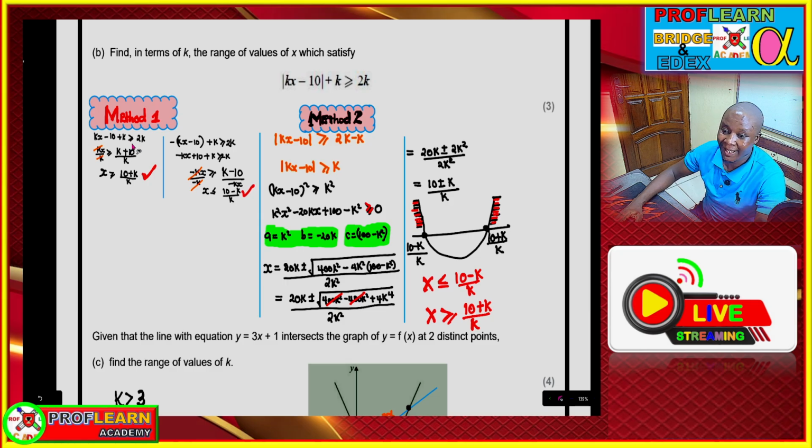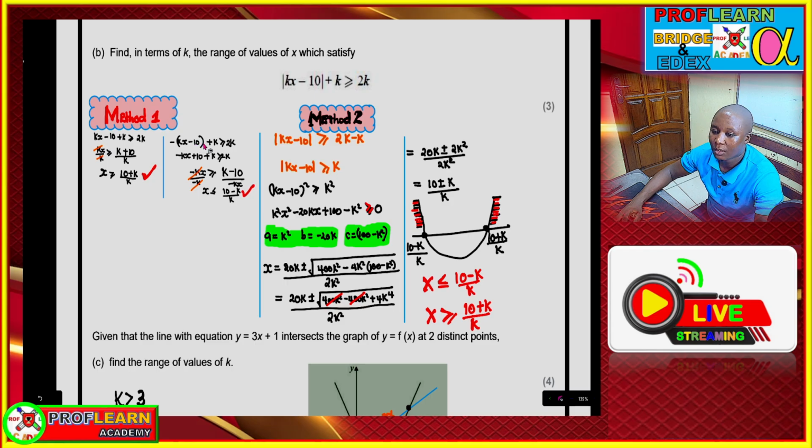We are going to make x the subject in this case. You can see if I take this k to the other side, it becomes 2k minus k, that becomes k, and 10 becomes positive, and ideally our x is going to be greater than or equal to 10 plus k over k.